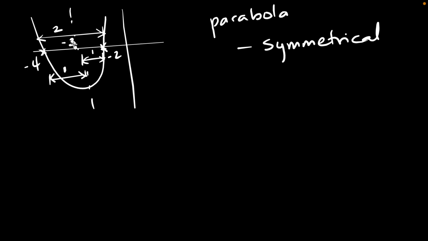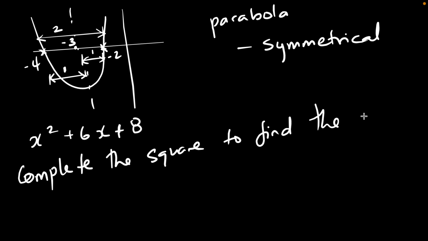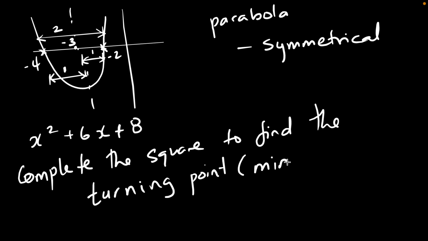Now, if the original thing was x squared plus 6x plus 8, we can complete the square to find the turning point, which in this case we said is a minimum point or a minimal.